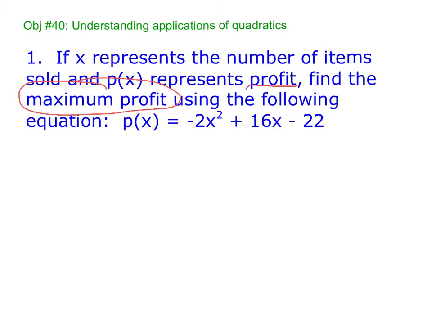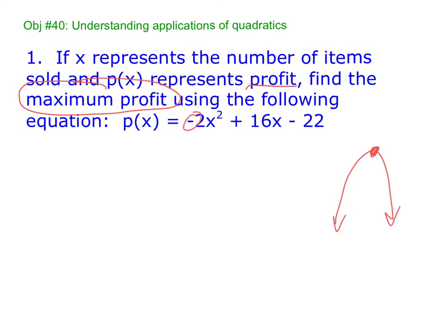Is it an upward-facing or downward-facing parabola? Well, since there's a negative in front, that negative tells us it's down. So where would the maximum be? The maximum is our vertex. Pretty much when you're doing applications with quadratics, they're going to ask you either for the vertex or one of the roots. Those are the most common things that we do.